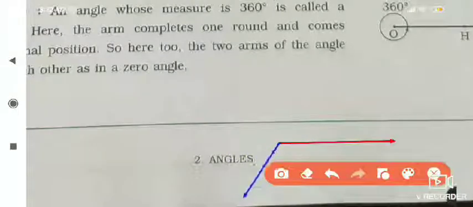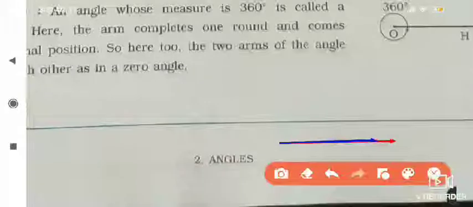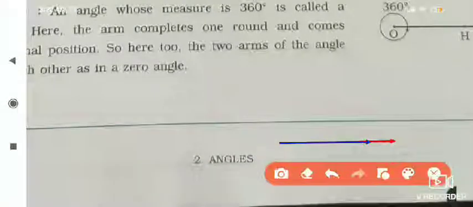After the 180 degree angle, when this arm rotates, wherever it is, all these angles are called reflex angles. After this rotation, when it comes and overlaps the first arm again, this angle is called a 360 degree angle or complete angle. Understand all of you? So this is the angle.